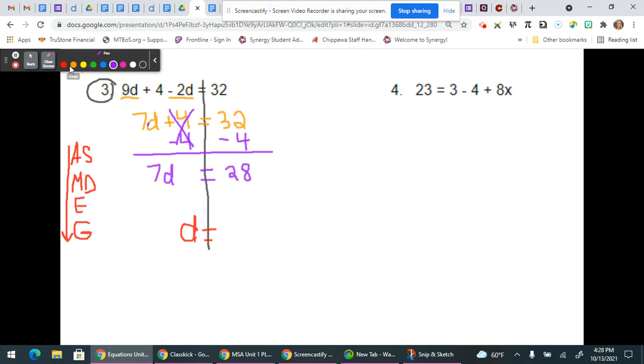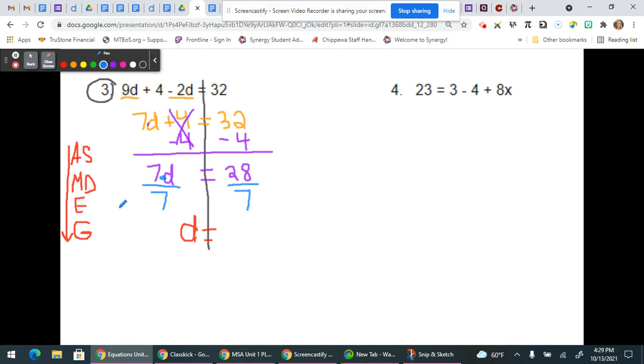It looks like I just have one more step, and that step says I need to get this d all by itself. So to do that, I'm going to use the inverse operation of multiplication, which is dividing. Please use that division bar. So dividing by 7 on the left, we're going to use the fraction bar to help us. Divide by 7 on the right.